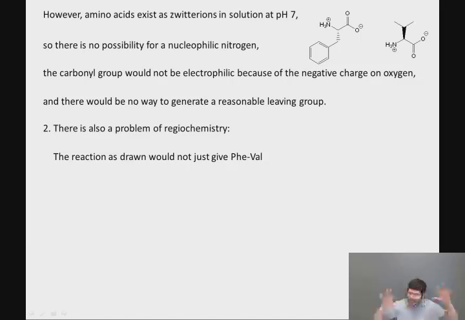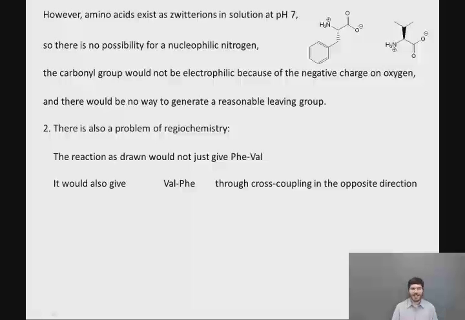So then, even if somehow we could get around this problem, there is also the problem of regiochemistry. So the reaction as drawn would not just give the dipeptide phenylalanine valine, it would also give valine phenylalanine through cross-coupling in the opposite direction.